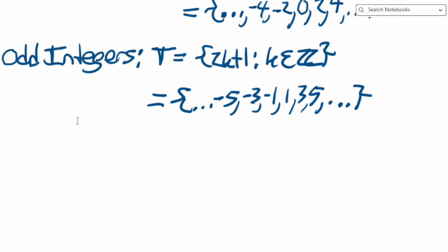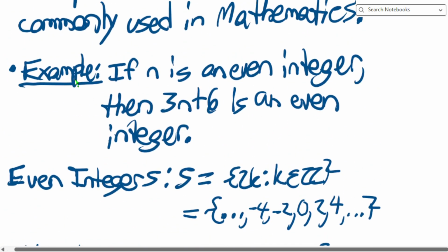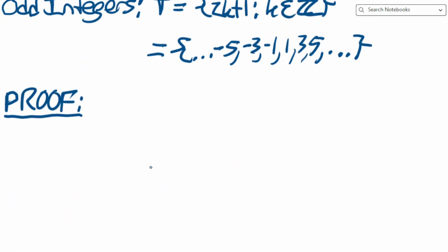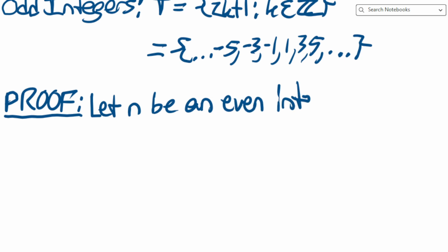So, knowing that, we can write our proof. Just to scroll back up, if n is an even integer, then 3n plus 6 is an even integer is what we are trying to prove. So let's start off by saying let n be an even integer.